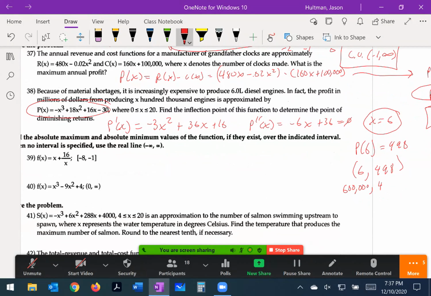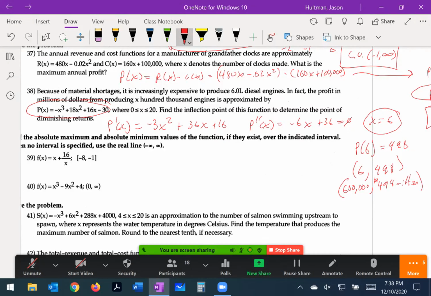It's in millions. Millions, yeah, 498 million dollars. 600,000 engines produced $498 million. Okay, so this is where your returns would start to diminish.